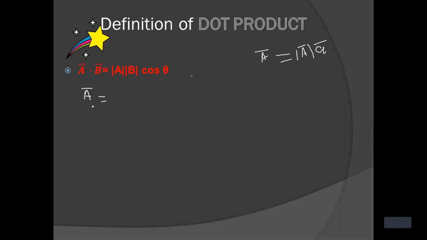Now if I consider three directions, that is X, Y, and Z, that is the Cartesian coordinate system, how can I write this vector in this three-dimensional system? We have already seen this while writing equations for addition and subtraction. So for the X direction, how can I write this?